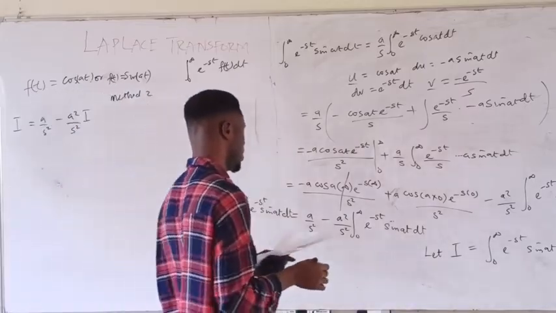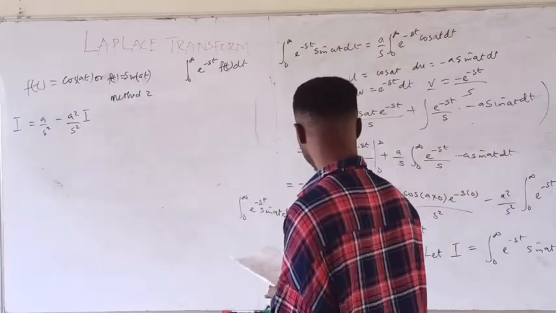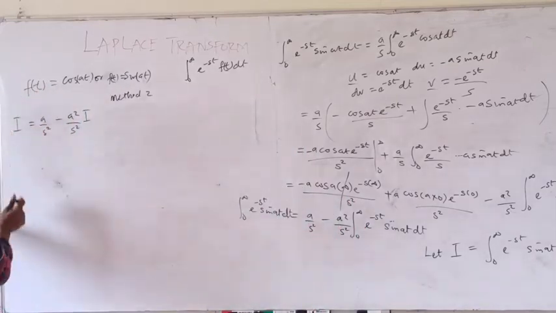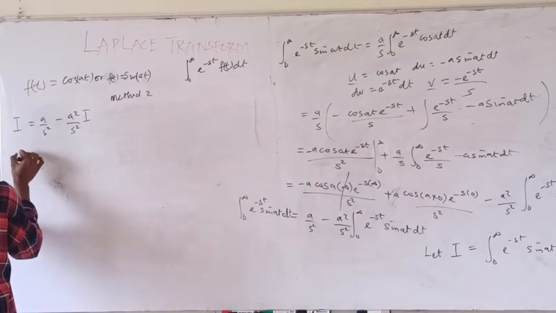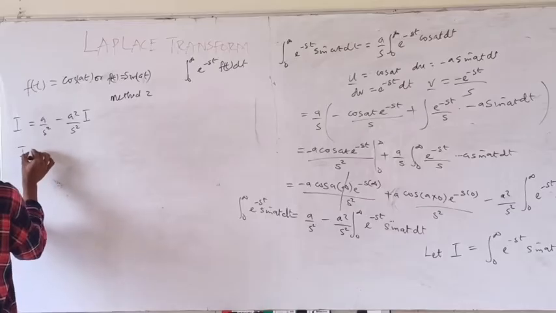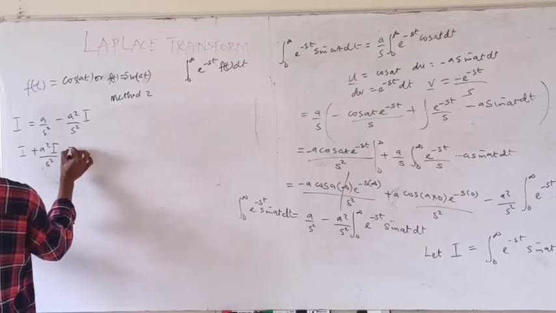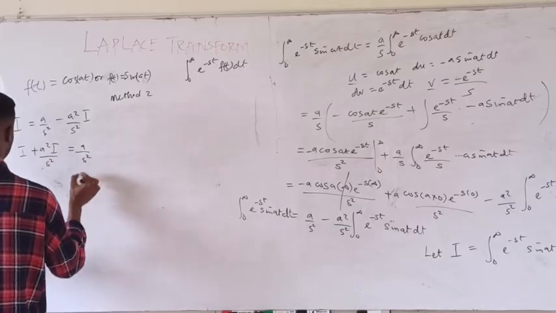So this is what we are going to have. Now, if I take this over to the other side, I have I plus a squared I over s squared is equal to a over s squared, right?